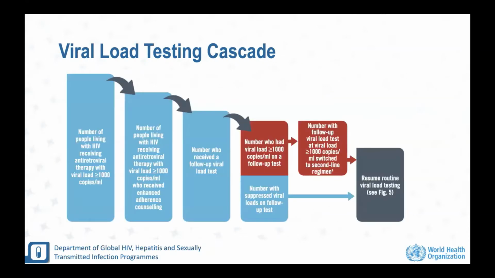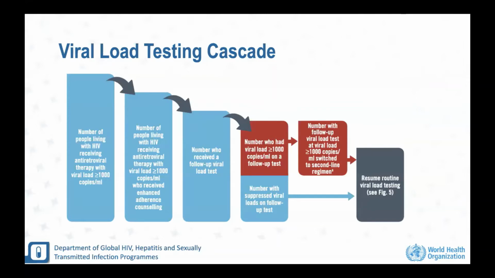This just shows the cascade again, but calls out the individuals who have viral loads above 1,000 copies per mil, realizing that essentially at any point along the algorithm, you can look at the program data to see how many individuals are being managed in the appropriate way according to the algorithm.